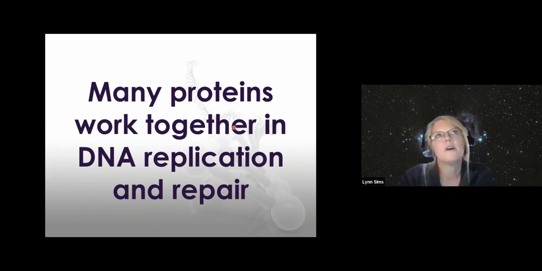There's several different mechanisms to repair damaged DNA or mistakes made during DNA replication. Some of the proteins overlap in terms of function. Some of them work in DNA replication, and they also work in the DNA repair machinery. So we're going to talk about those.